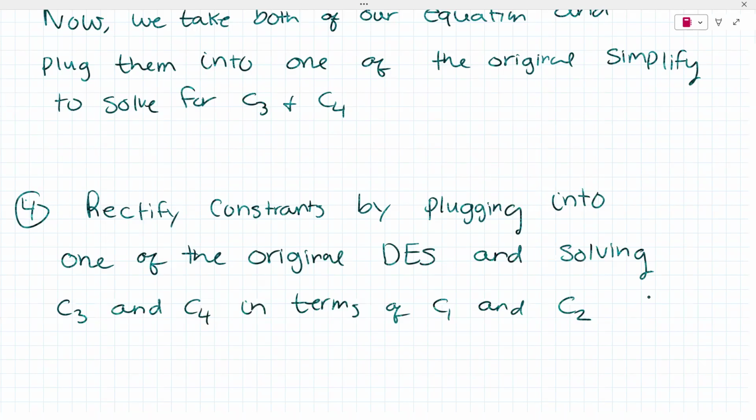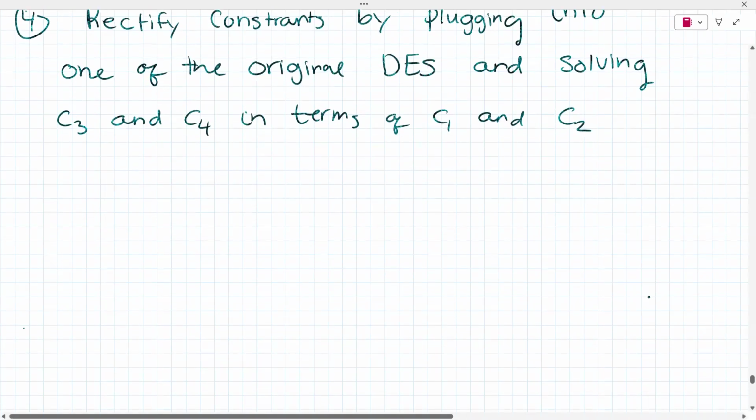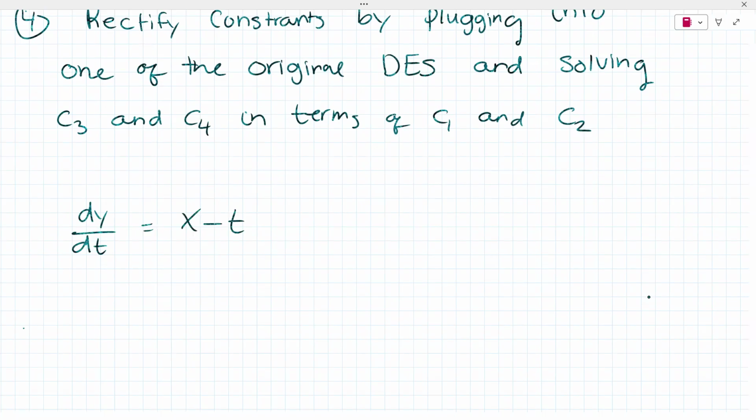Okay, so in step 4, we had dy over dt equals x minus t. This was given. This is our original equation, y prime equals x minus t. So dy dt is the same thing as y prime.